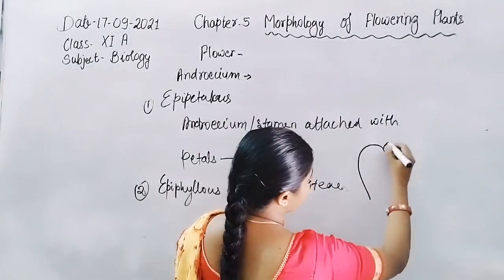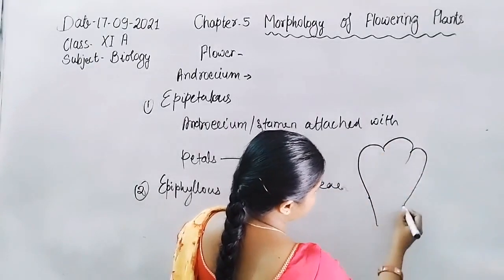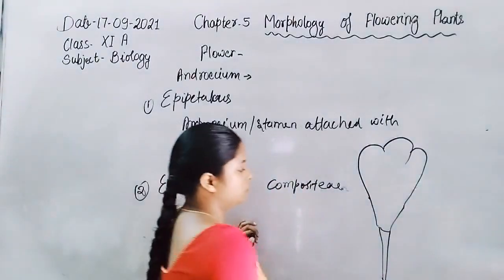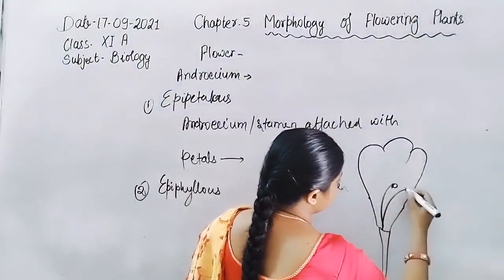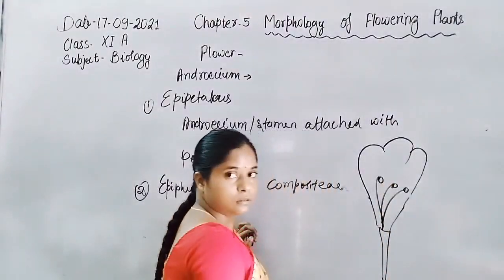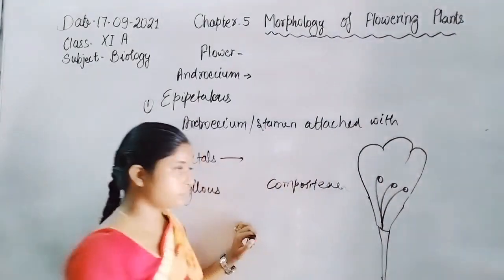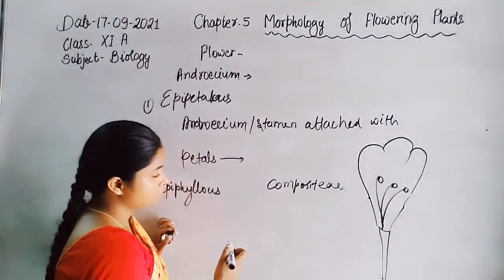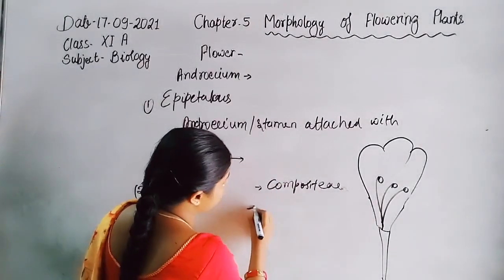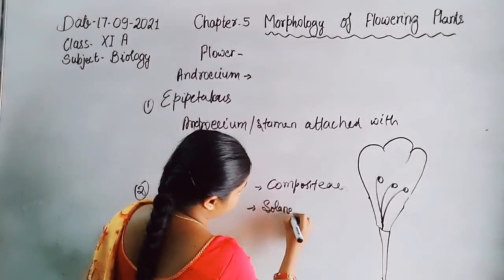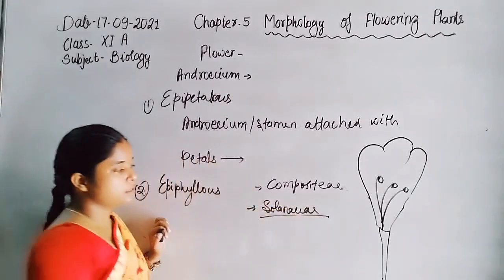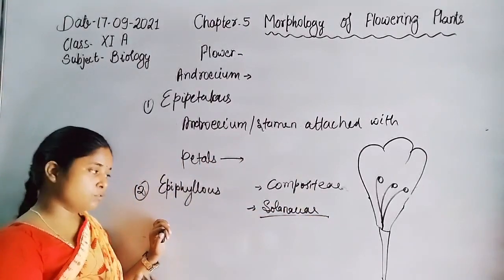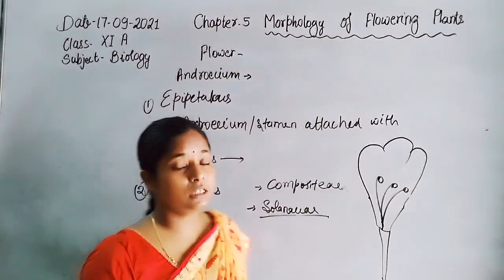So here is the petal, and the androecium are attached to the petal. Another is Solanaceae, such as brinjal and tomato, all of which show epipetalous type of androecium, where the androecium is directly connected with the petals.